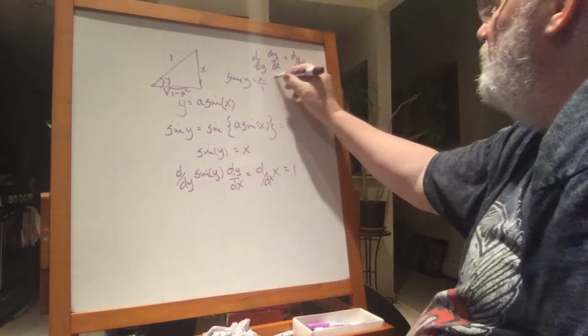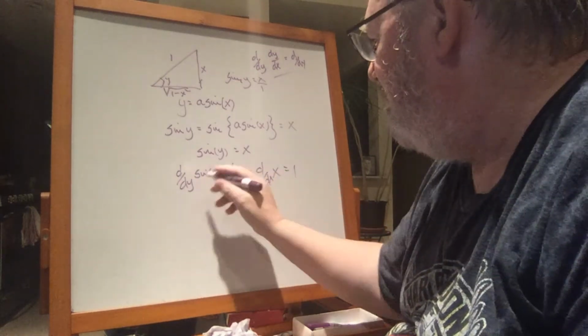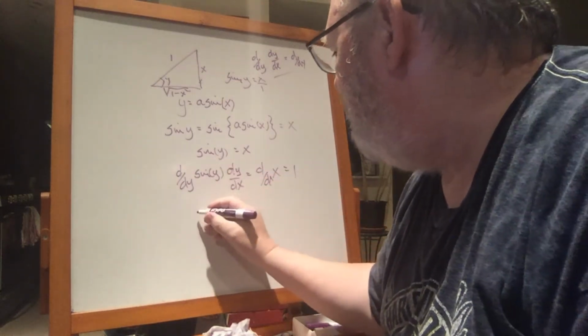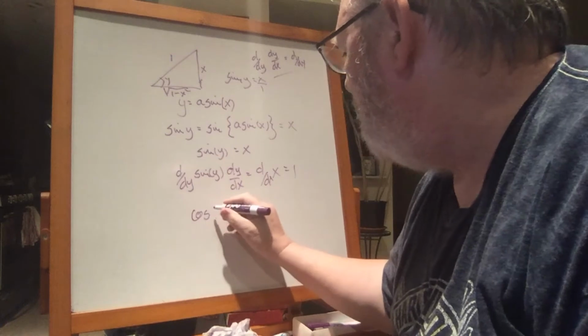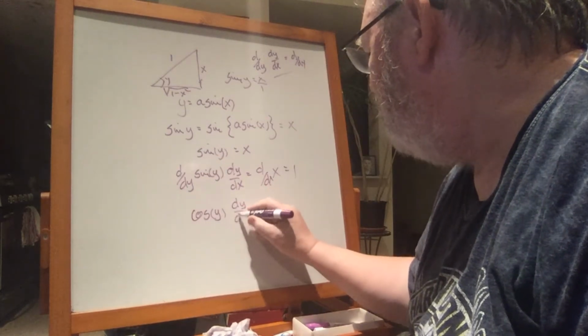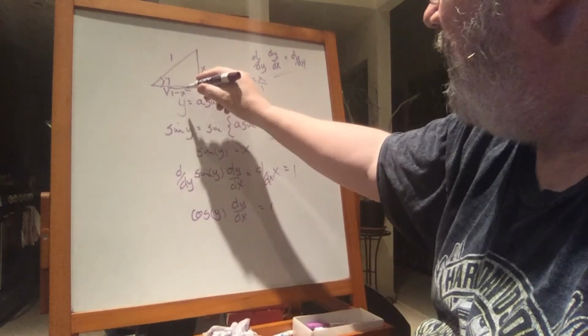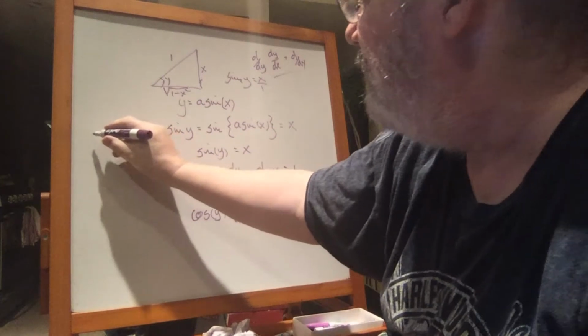We're using the chain rule up here. Well, d dy of sine y is cosine of y, times dy dx, equals 1. Well, the cosine of y is this over that.